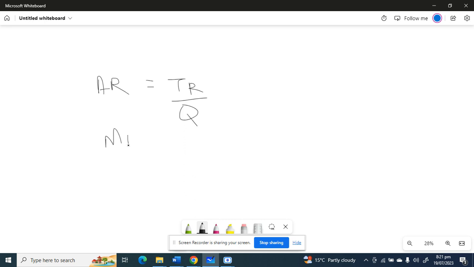Then marginal revenue is the change in total revenue over the change in quantity.